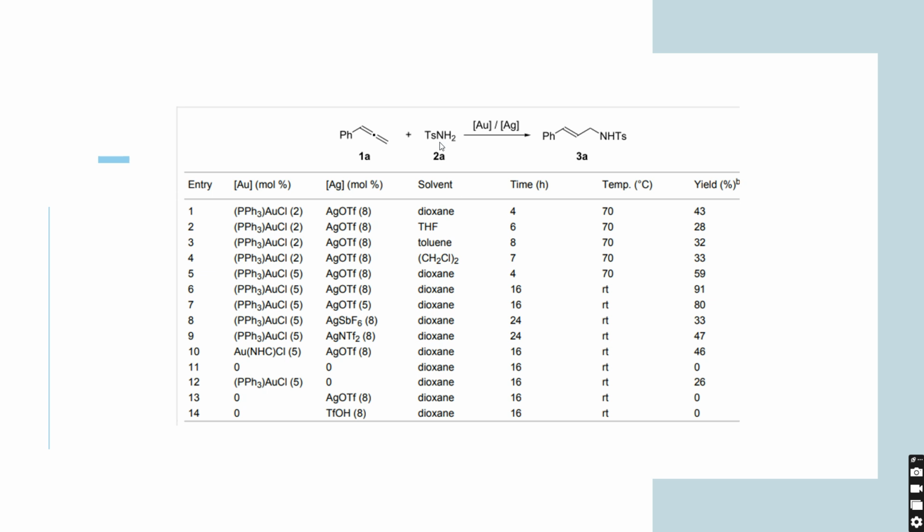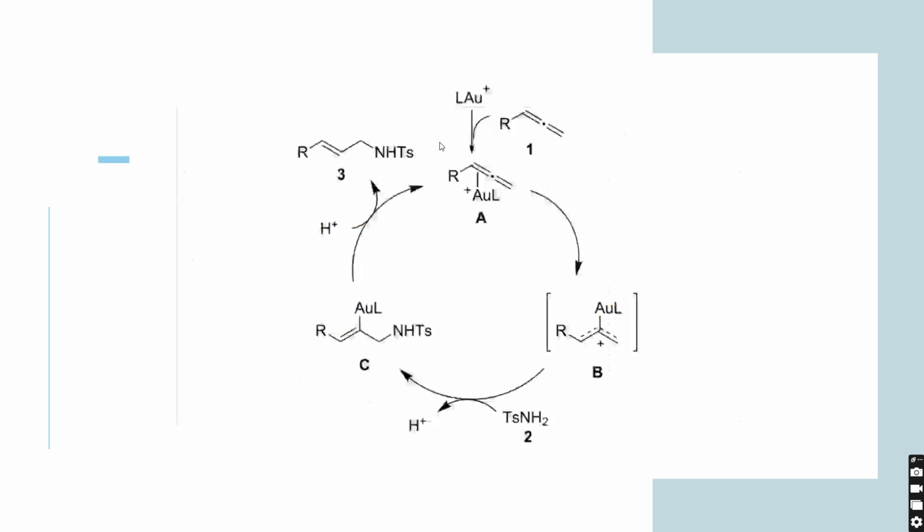Okay, so I hope you can write this product easily. But you can simply note down this mechanism. This question must be very easy to you by now. So the mechanism starts from here to give you the intermediate A by the activation of the allene using gold catalyst.